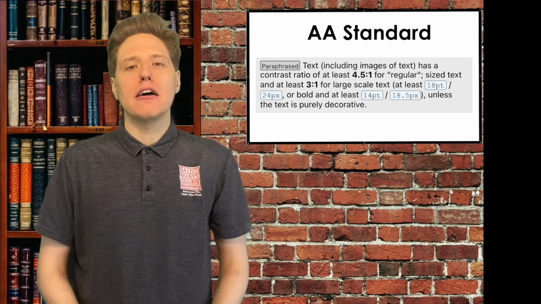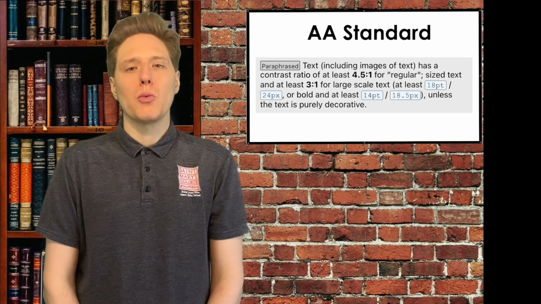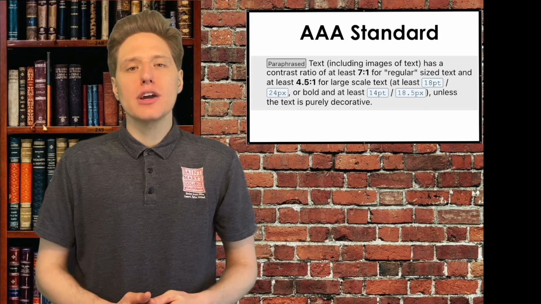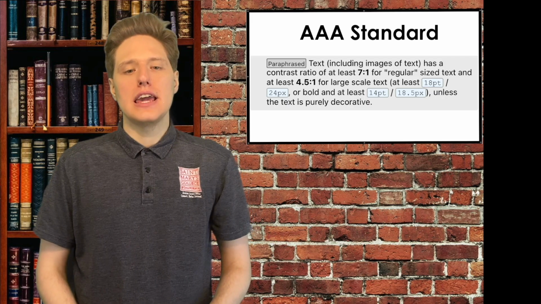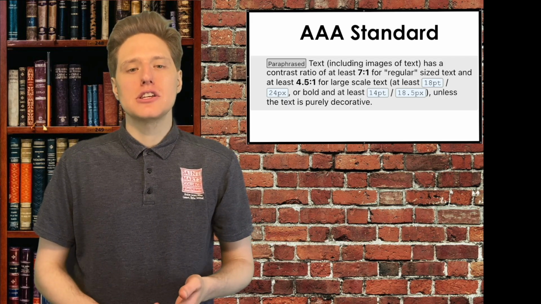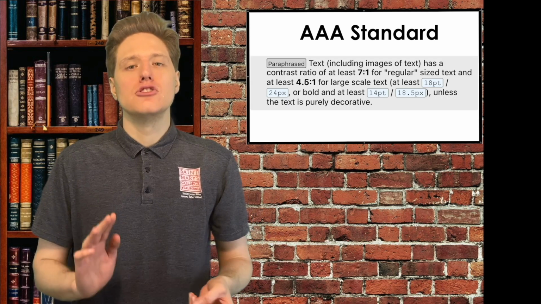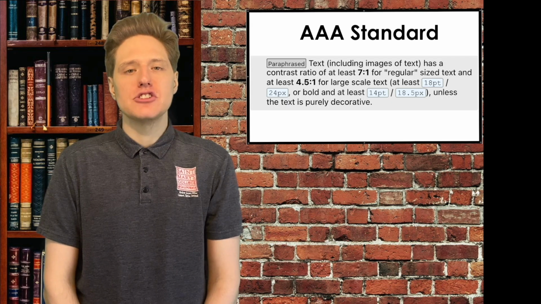If you're talking about large text, you only need to meet a standard of 3 to 1. And then for the AAA standards, the large text is 4.5 to 1, and the regular text is actually 7 to 1.